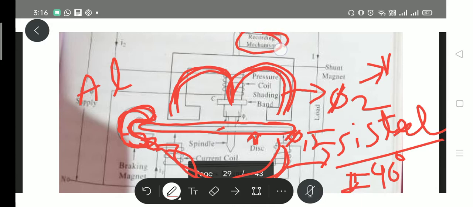Whatever the value is, it will be recorded continuously. The registering system records the number of revolutions proportional to the moving system, and the number of revolutions will be registered here.